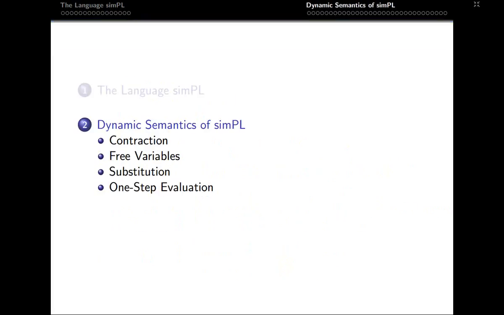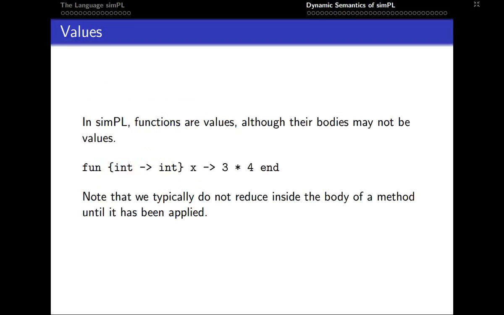Cool. So, dynamic semantics. Again, we're going to have a bunch of rules, very similar to, actually we're going to reuse some of the rules of EPL. But we're going to have to deal with a few new concepts. So remember, everything is a value. We're working inside a functional framework. Everything has a value. Functions are values, right? They are computation, but nevertheless they are values.